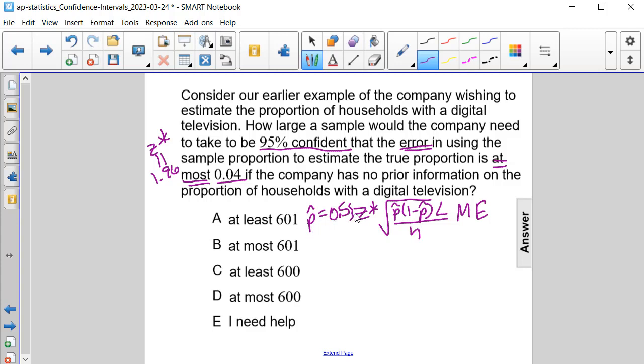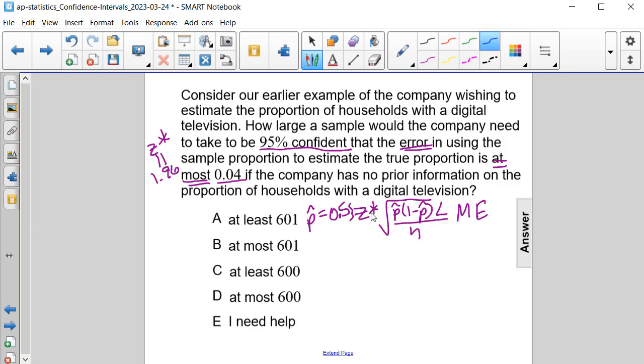So let's use this value for p-hat and the other values to determine what our n value is. We're going to first substitute all these values in, solve the equation for n, and then substitute it into a calculator to find the answer.